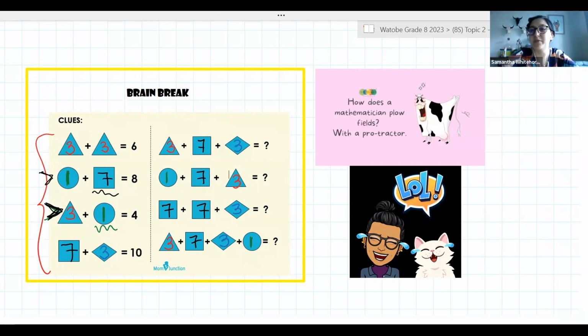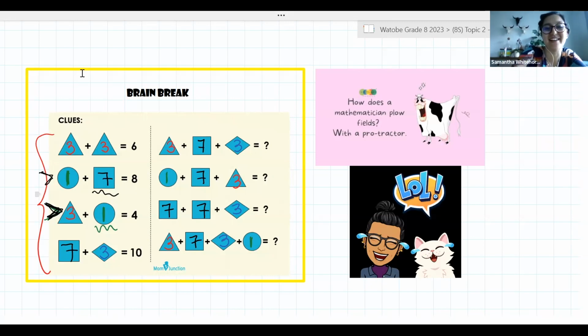Okay, guys. So now we want to move over to the right-hand side and we want to try and get those answers. So Leander, do you want to give us the first one? I'm going to make it easy. 3 plus 3 is 6 plus 7 is 13.